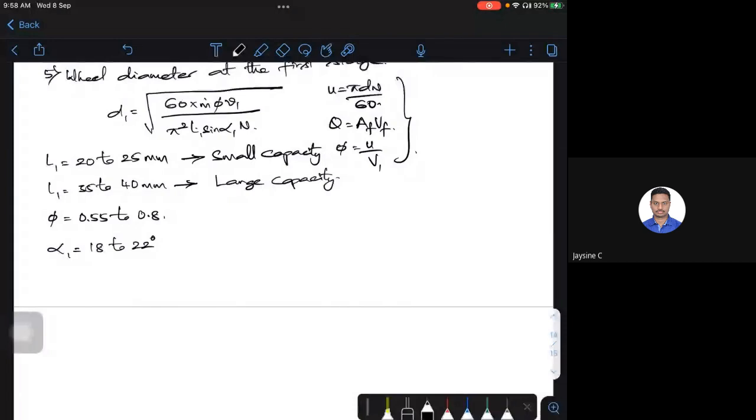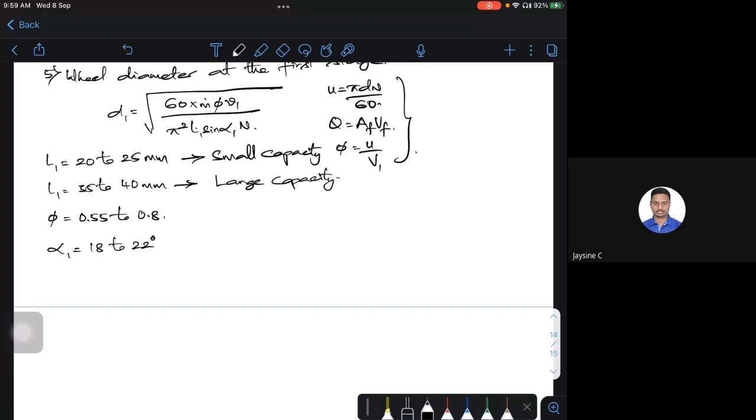It has been found that majority of the times they try to look at the first stage and last stage. This is about the wheel diameter of the first stage. Now, if I try to look at the wheel diameter with respect to the last stage, there's a simple formula they try to use.